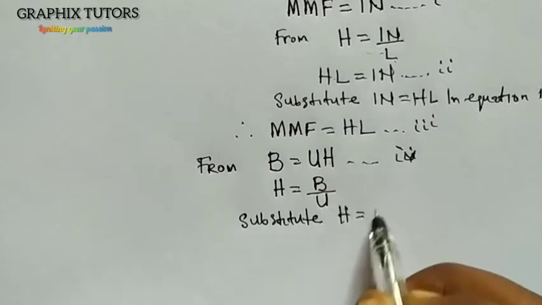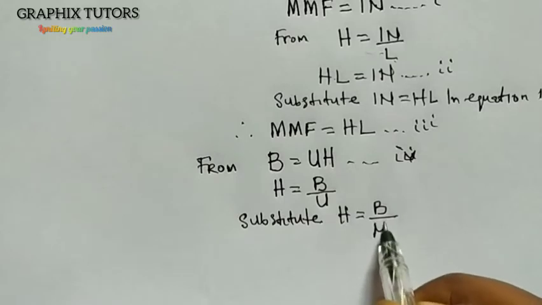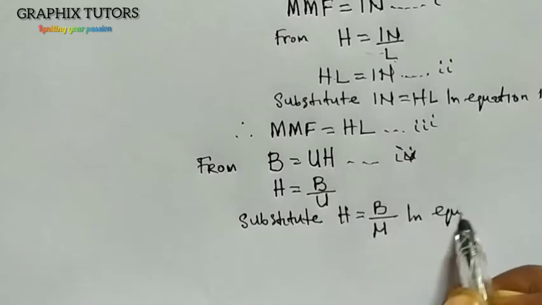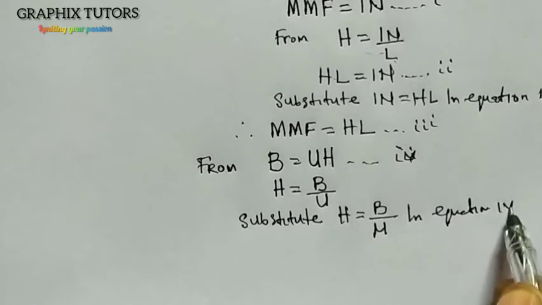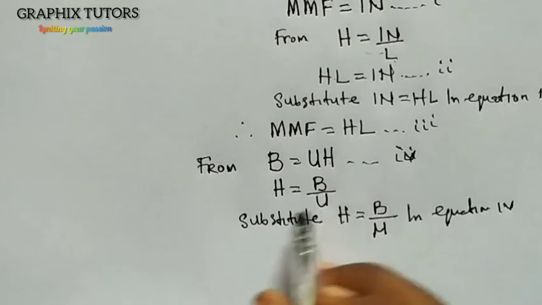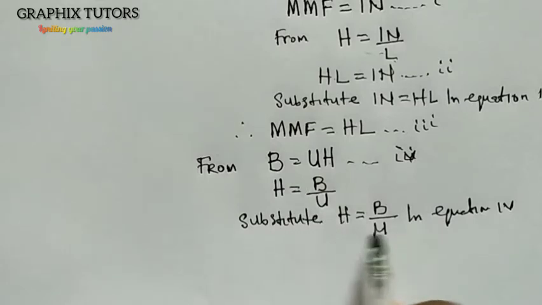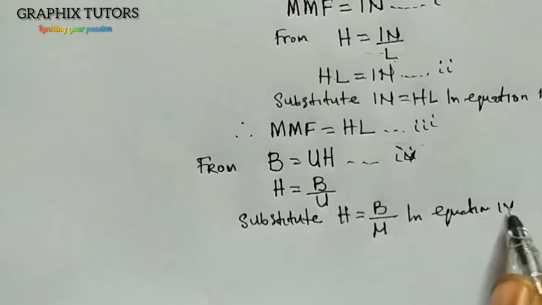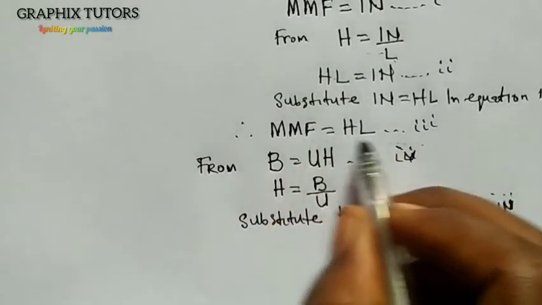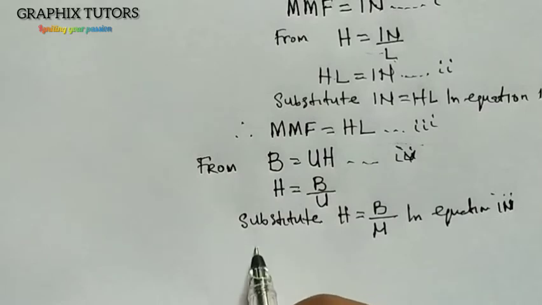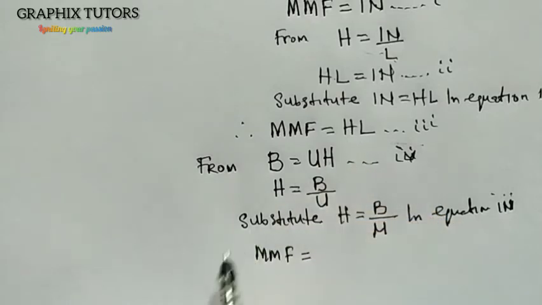So I will substitute H equals B over mu from equation 4 into equation 3. So I will now have that my MMF is equal to, instead of H, I put B, and I have L close to it, all over mu.